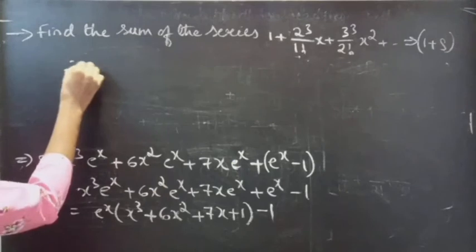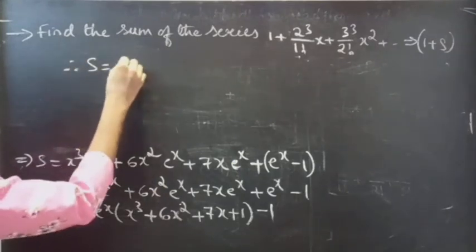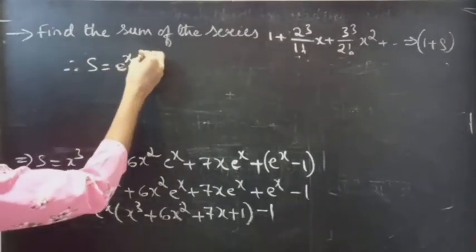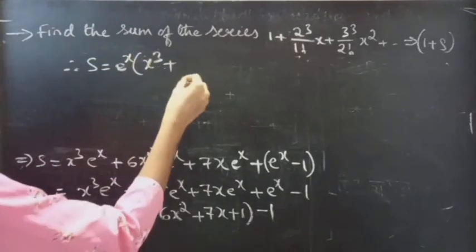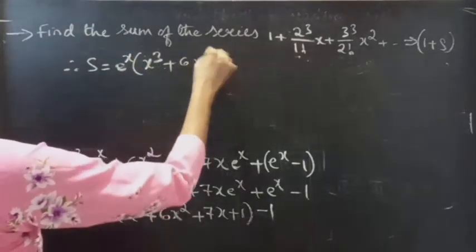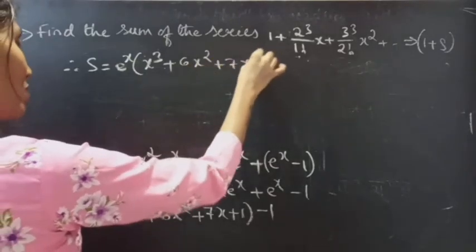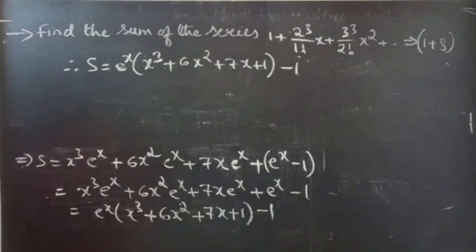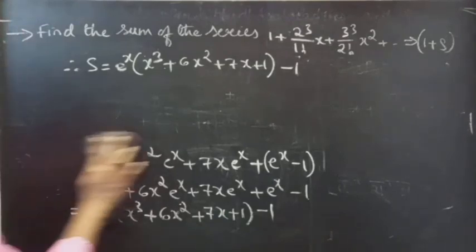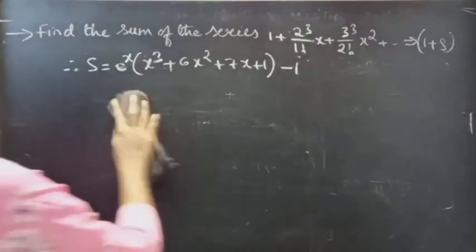Therefore, s equals e power x into x cube plus 6x square plus 7x plus 1, minus 1.